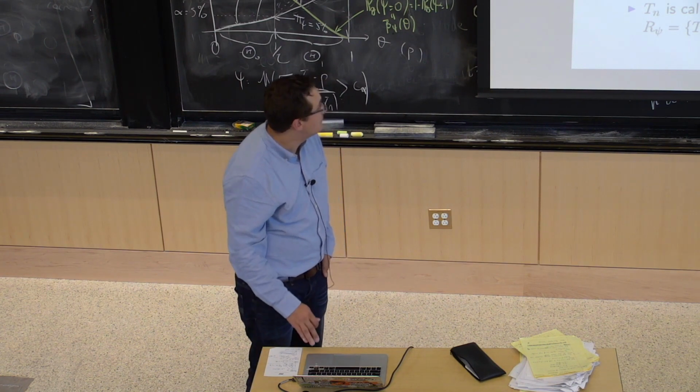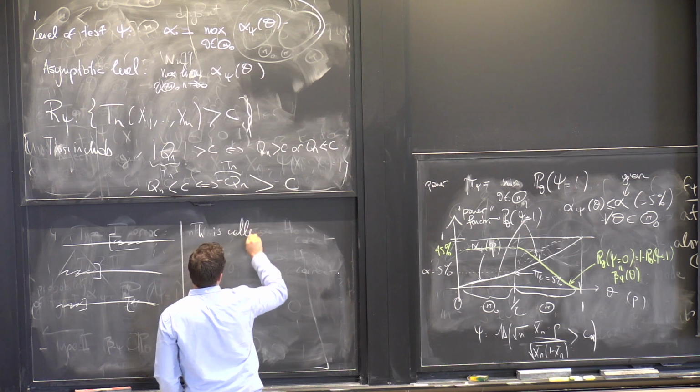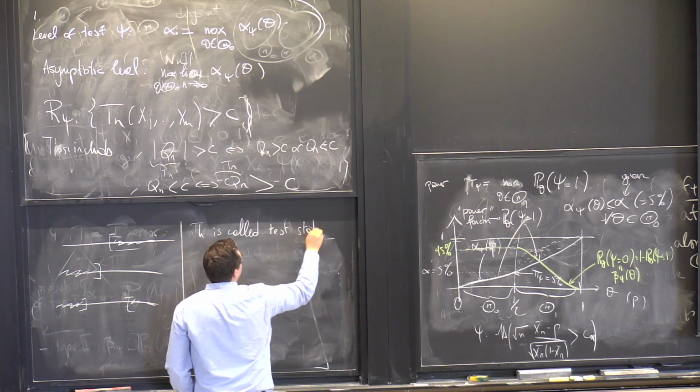OK, so if I write this, then in this case, this Tn that shows up is called the test statistic.